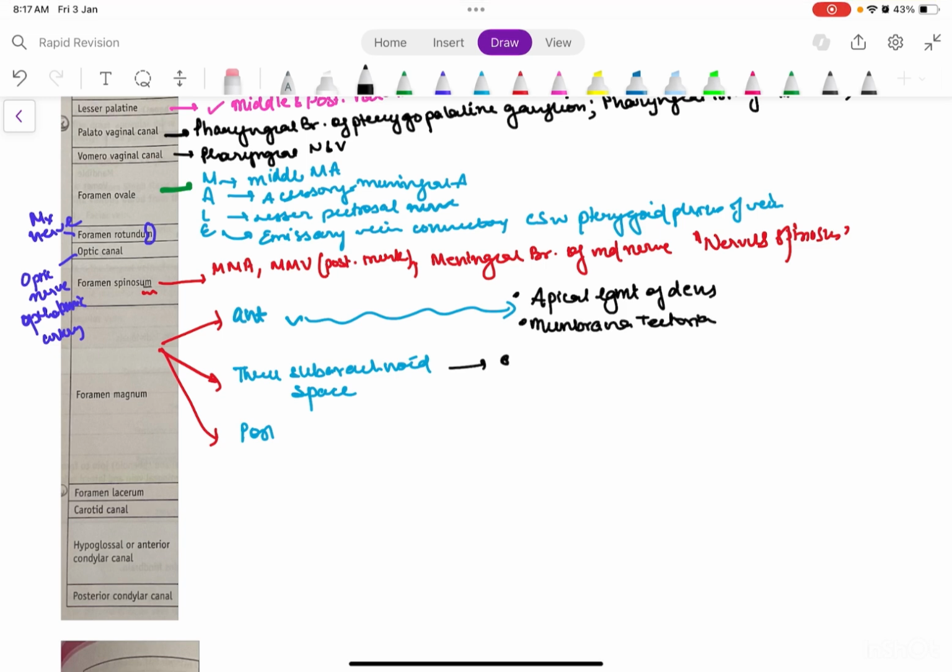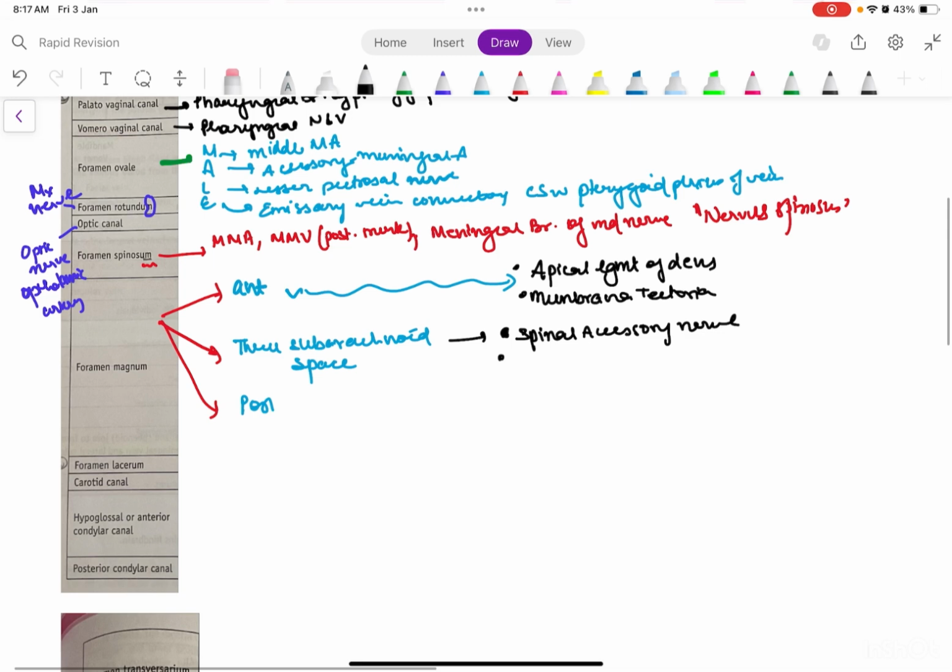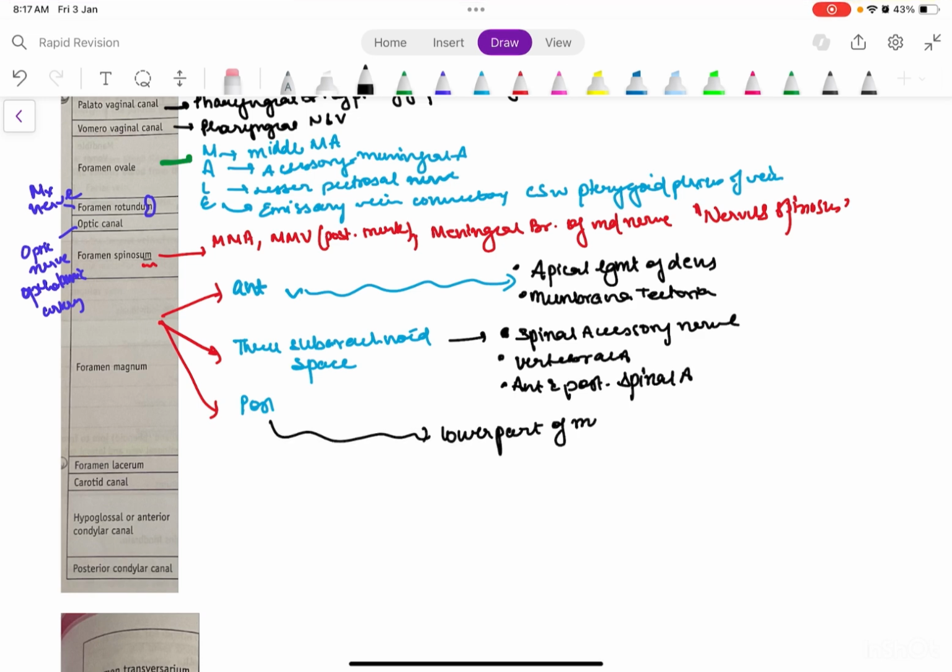Through the subarachnoid space we have the spinal accessory nerve, vertebral artery, and anterior and posterior spinal arteries. Then through the posterior we have the lower part of the medulla and meninges and tonsils of the cerebellum.